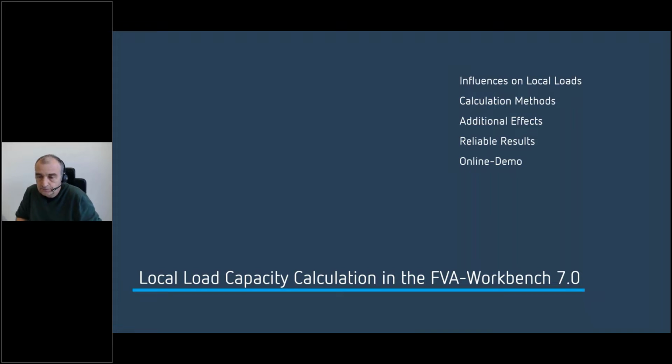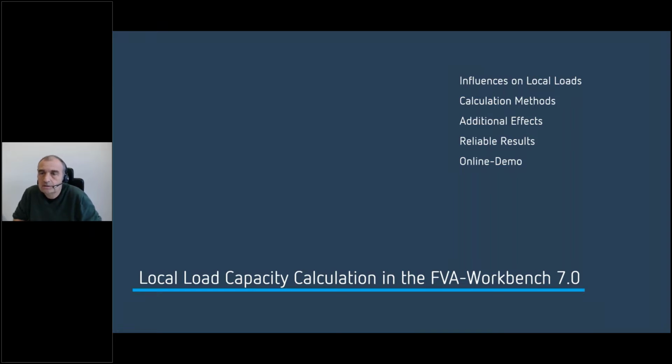Okay, so I want to start with our short presentation for today. The topic is the local load capacity calculation in the Fva Workbench. I will talk about the influences which influence the load distribution on the tooth lengths, and then the calculation methods which are used to do this.